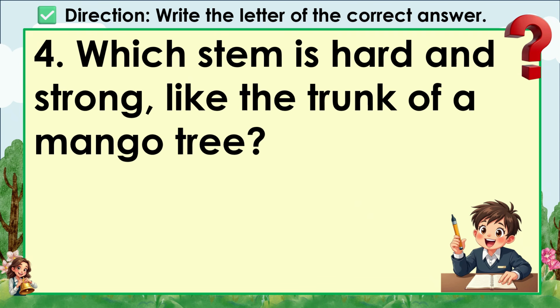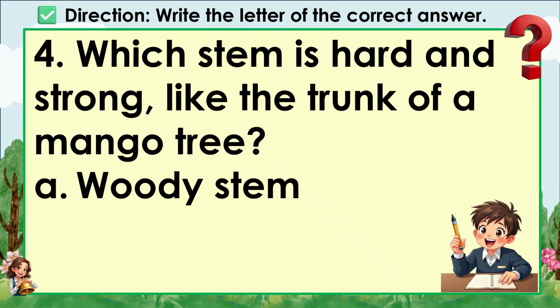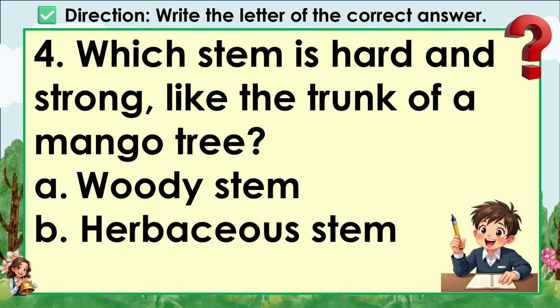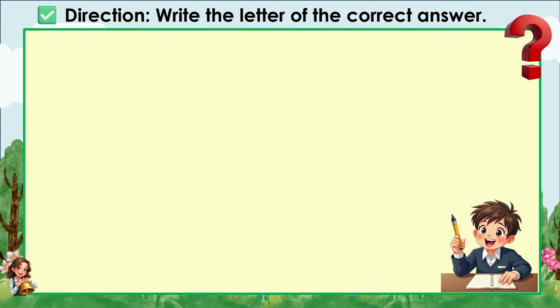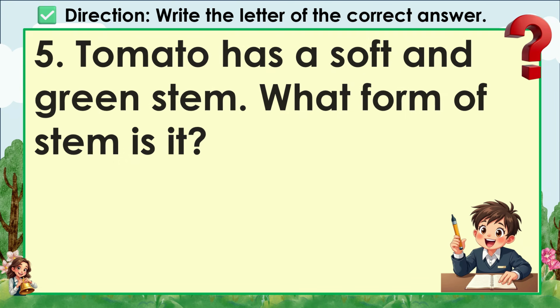4. Which stem is hard and strong like the trunk of a mango tree? A. Woody stem. B. Herbaceous stem. C. Modified stem. 5. Tomato has a soft and green stem. What form of stem is it?